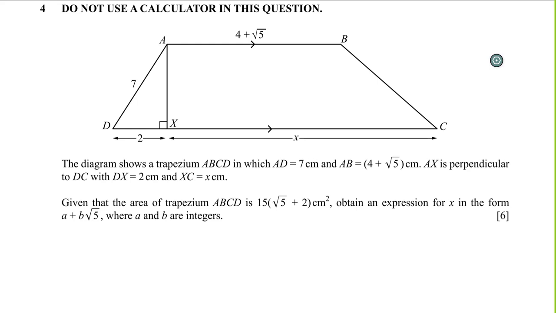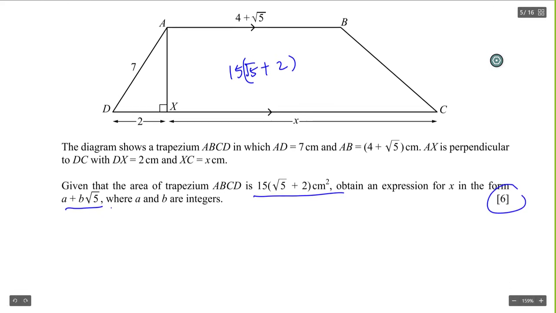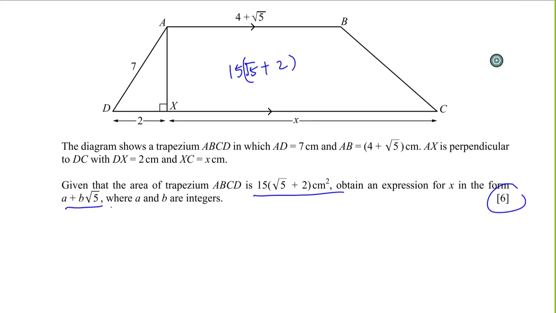Given that the area of the trapezium is 15 square root 5 plus 2, obtain an expression for x in the form of this one. So basically they want you to find out what is x. I'm not sure why they give so many marks for this one, but yeah, let's do it.